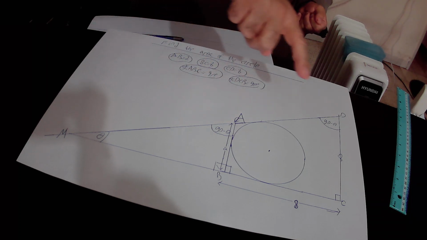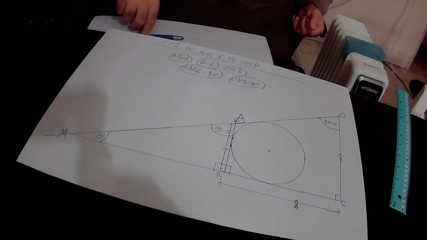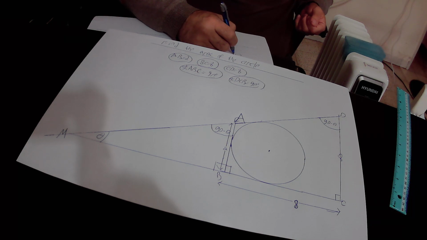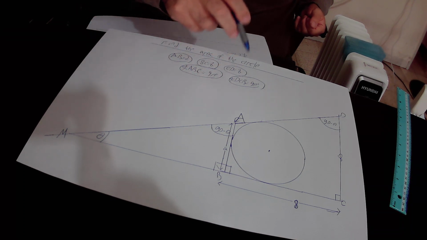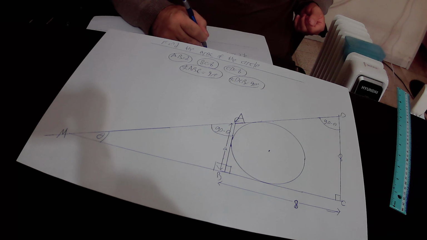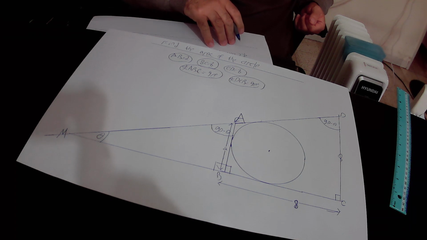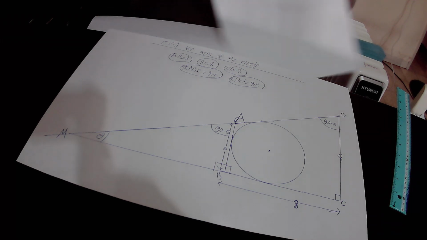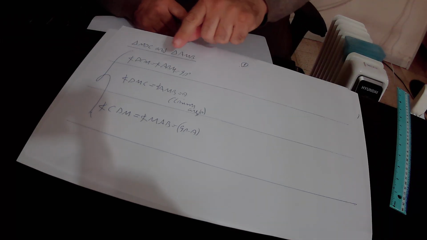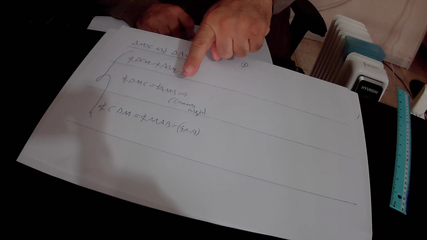So angle CDM in the big triangle is equal to angle MAB in the small triangle.